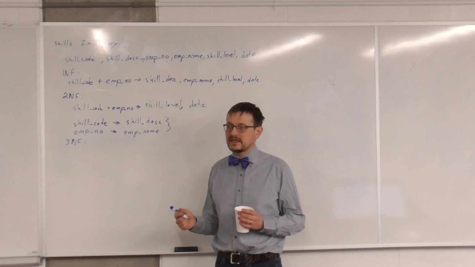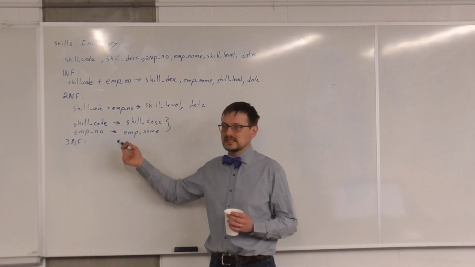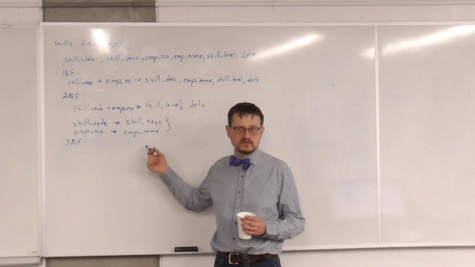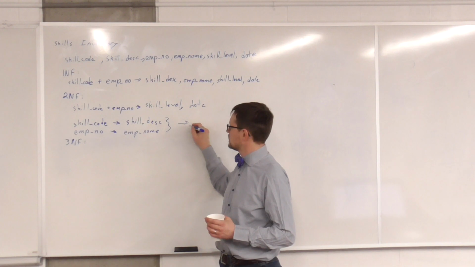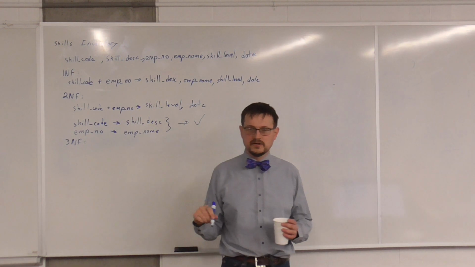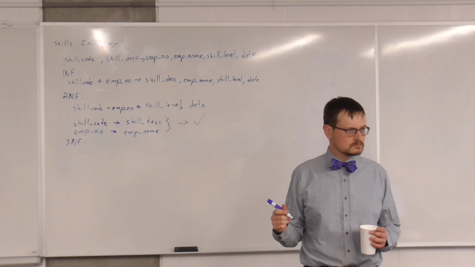In order to have an attribute dependent on a non-key attribute, there have to be at least two of them, right? So these ones are good. They are unaltered in the third normal form. Does that make sense?